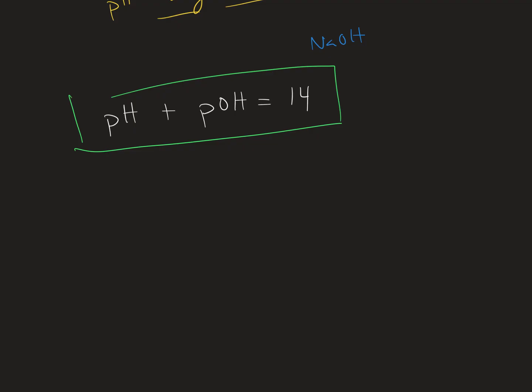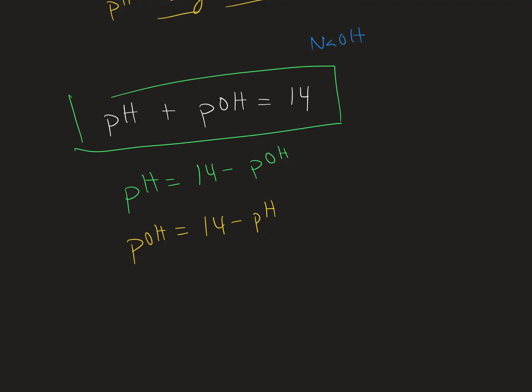What if we want to solve for the pH? Subtract pOH from both sides, and we got 14 minus whatever pOH is. Or we can do the same thing and find pOH is equal to 14 minus the pH. Why would we do that? We'll find out. We'll do some problems.